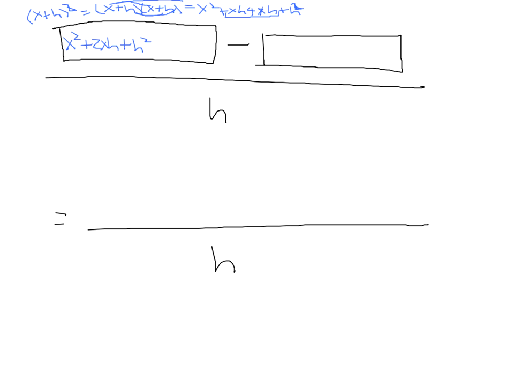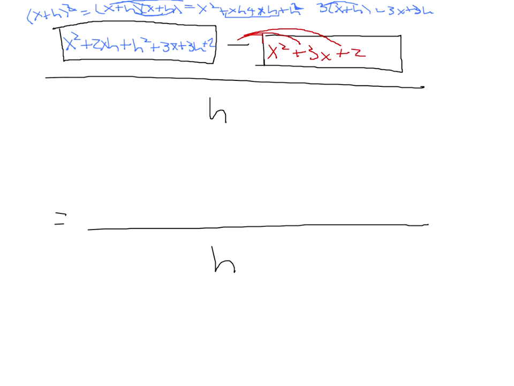The next thing I need to worry about, so I have 3 times x plus h, so I distribute there, that's 3x, and then 3h. So I get plus 3x plus 3h plus 2, okay? And then I'm just going to rewrite the x squared plus 3x plus 2.